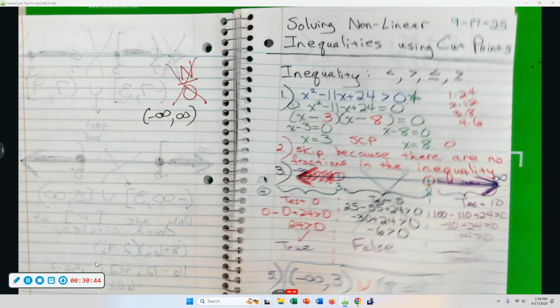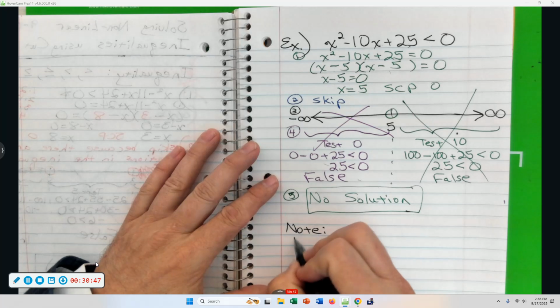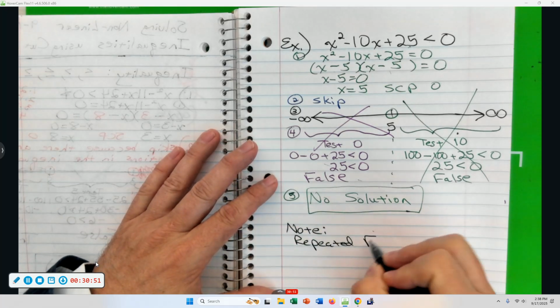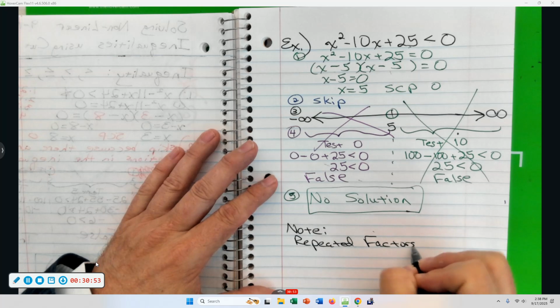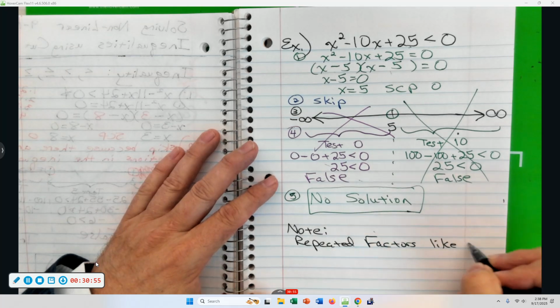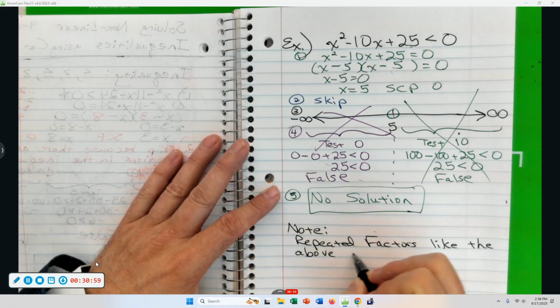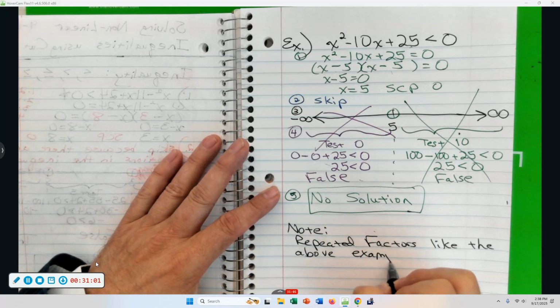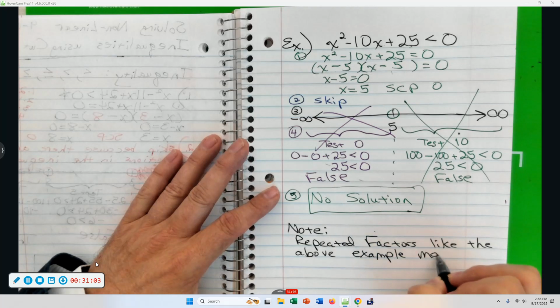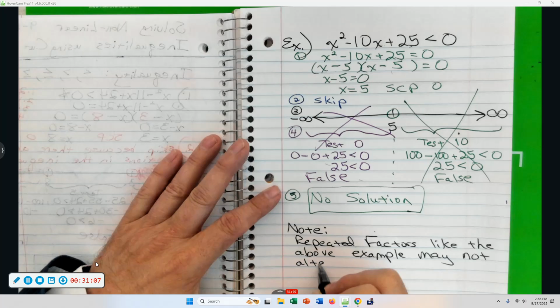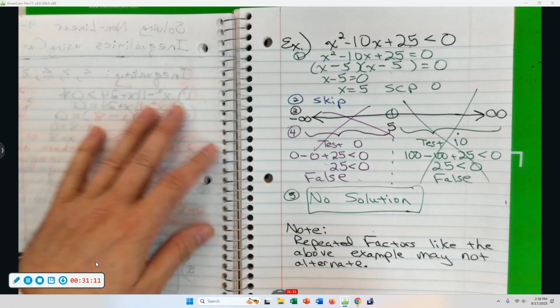If you have repeated factors, like the above example, it may not alternate. So in that event, check every interval.